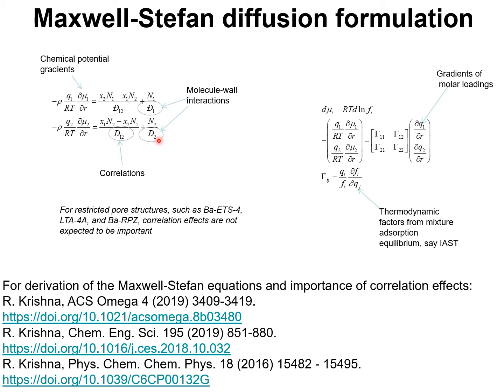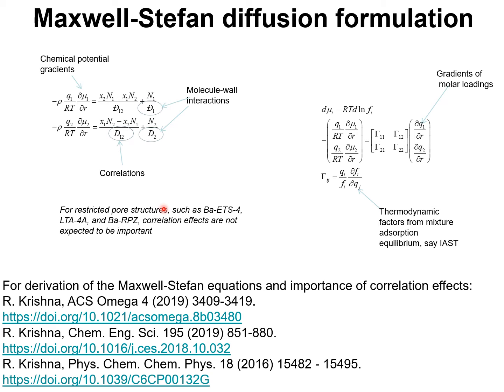D1 and D2 represent molecule-wall interactions, and furthermore there is another diffusivity D12 that describes correlation effects. In other words, how the intra-pore hopping of one molecule influences the mobility of the partner molecule.